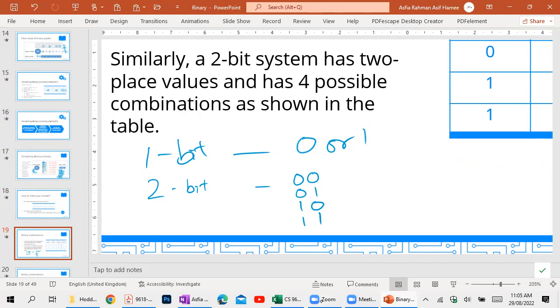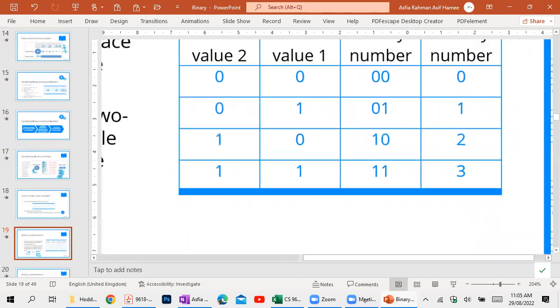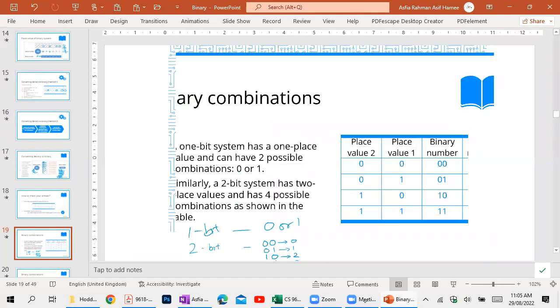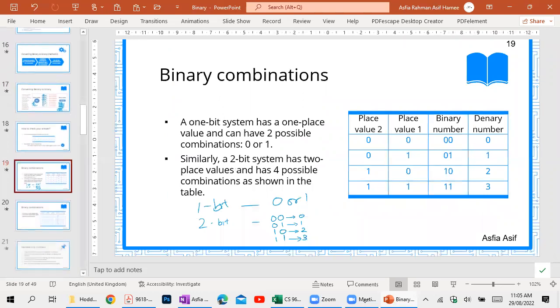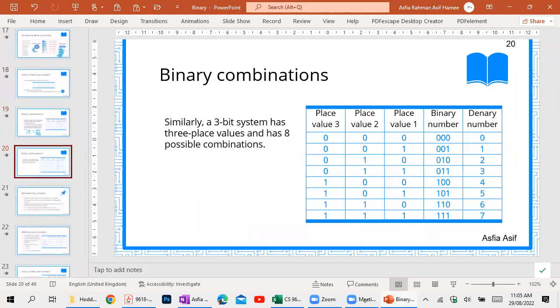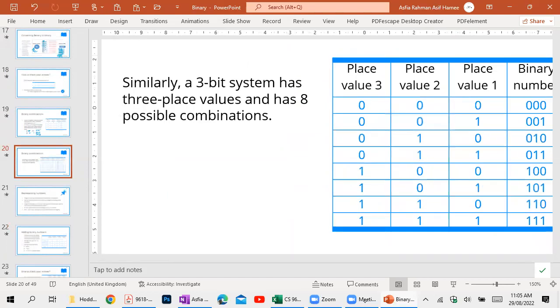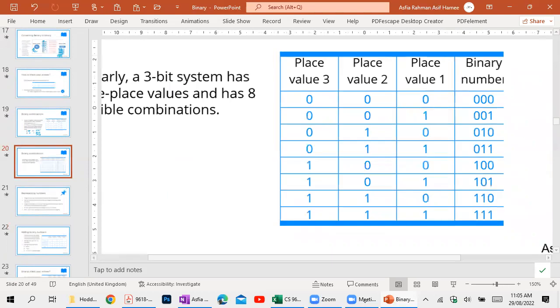All kinds of combinations, which in denary are 0, 1, 2 and 3. These are mentioned over here, denary number. And in the same way, if we have a 3-bit system, we have 2 power 3 combinations, which is 8 combinations possible. And whenever we have 8 combinations, that is from 0 to 7.